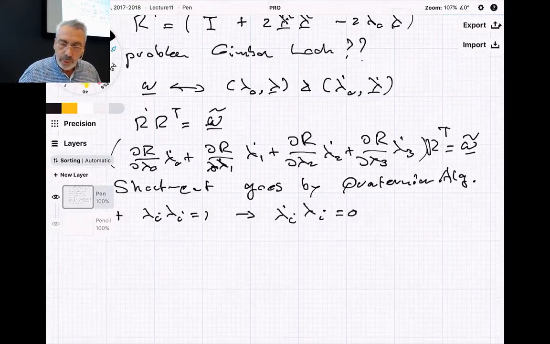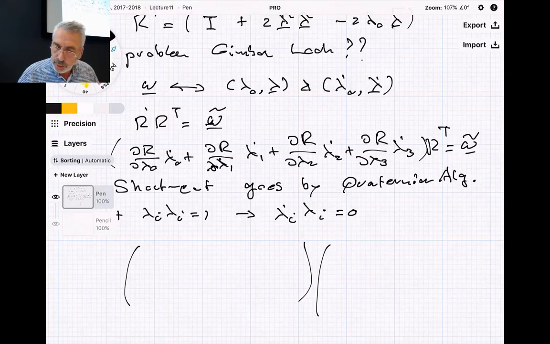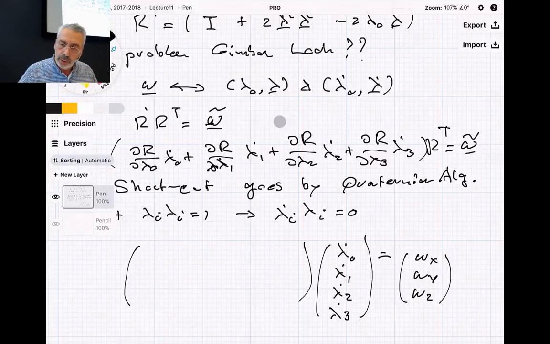Okay, if we do that, then we get the following set of expressions, and I'm just going to present the result here because it's undoable. So we have lambda dot 0, lambda dot 1, lambda dot 2, lambda dot 3, and we get here on the right hand side omega x, omega y, omega z. That I extract from this, and the expressions look like this: minus lambda 1, minus lambda 2, minus lambda 3.